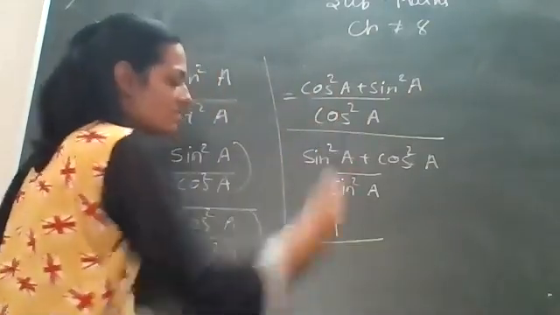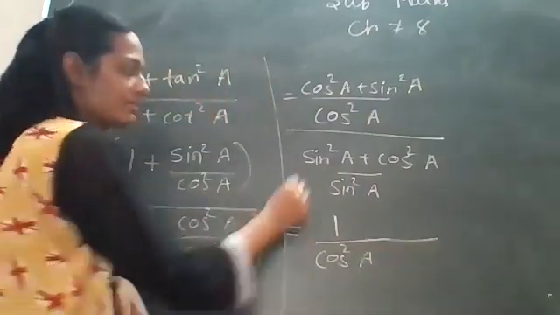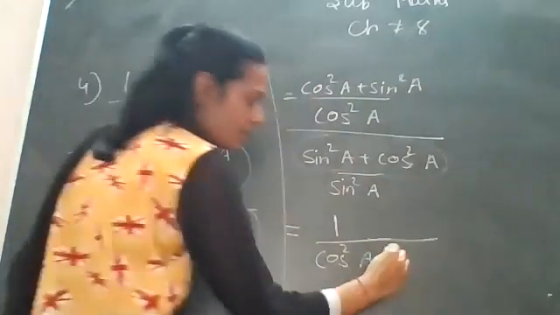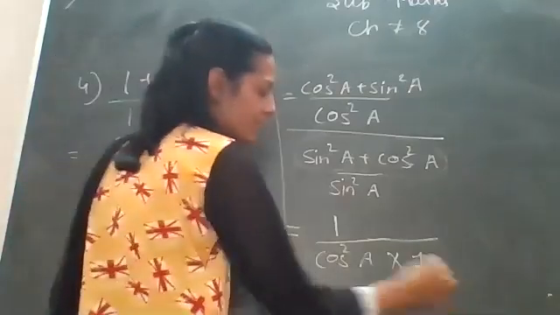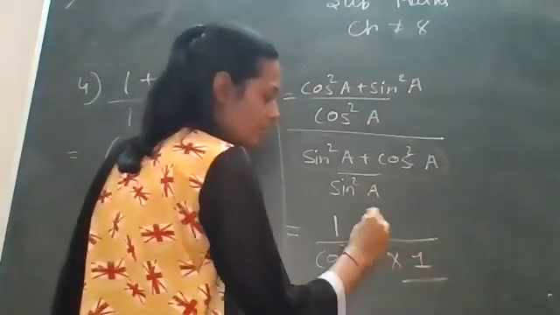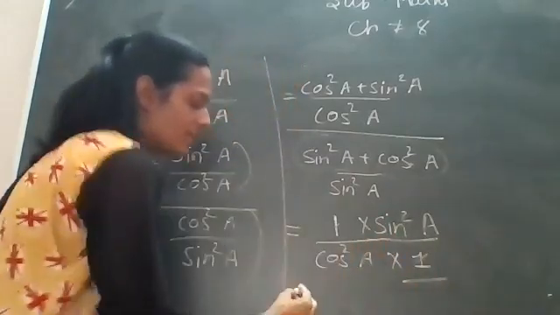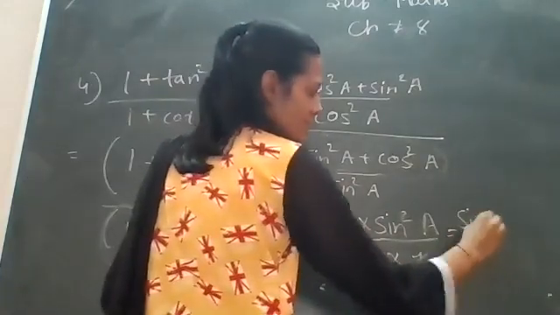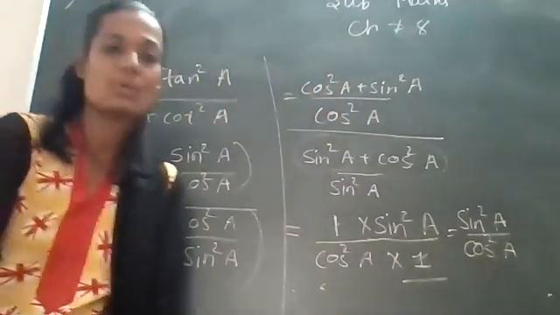So we have 1 upon cos square A. Now in the denominator, same: sin square A plus cos square A is equal to 1, so 1 divided by sin square A, and sin square will come to the upper side. So 1 will be cancelled out and the remaining is sin square A upon cos square A. What do you understand by sin upon cos?